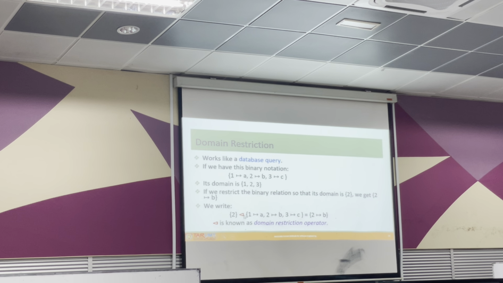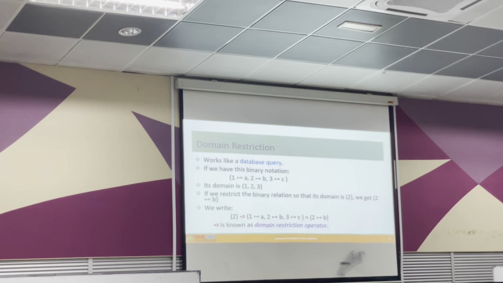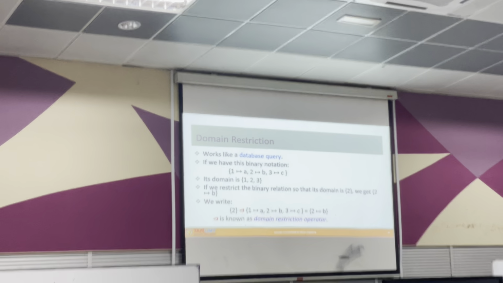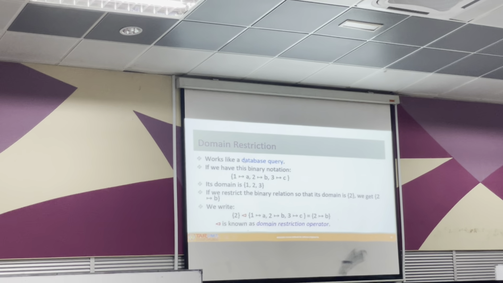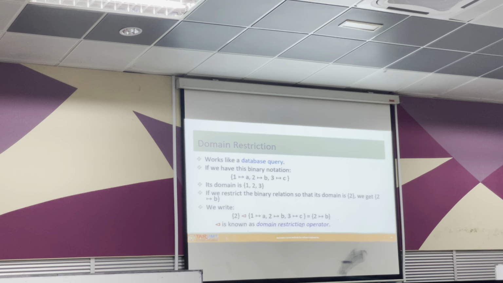The arrowhead is pointing to the left. We call this domain restriction. Assuming that these are your data inside the database, when you point to the left, it means you are looking at the domain.